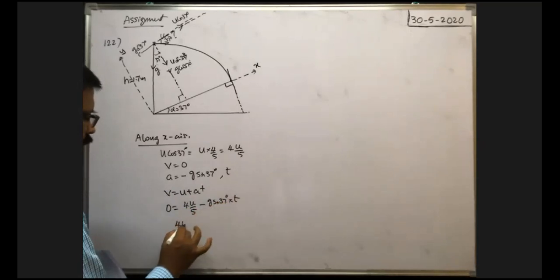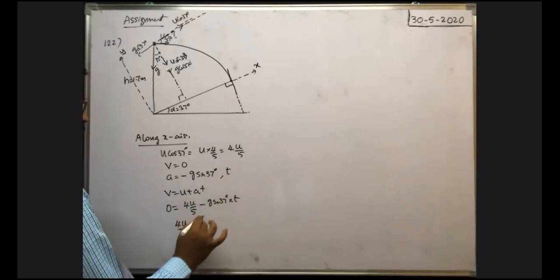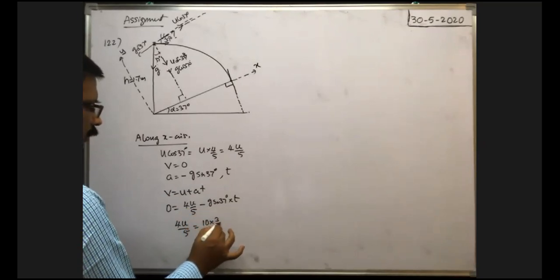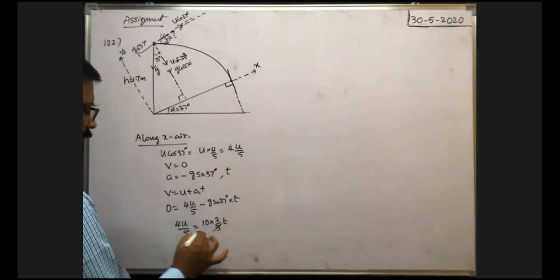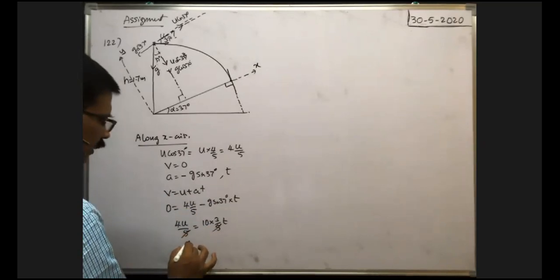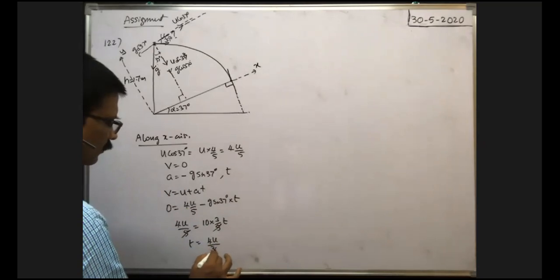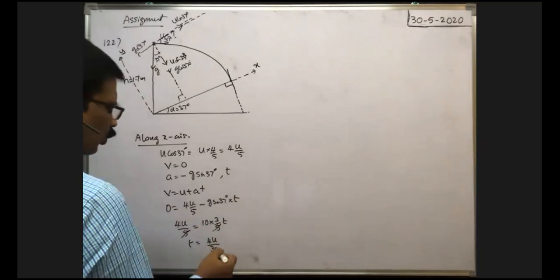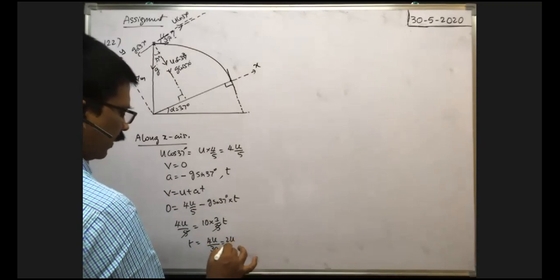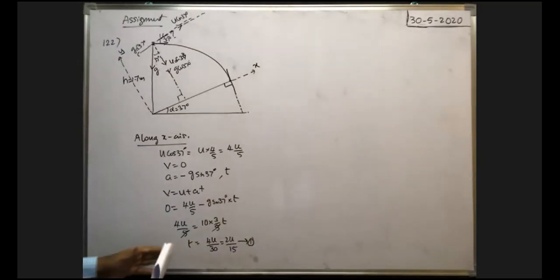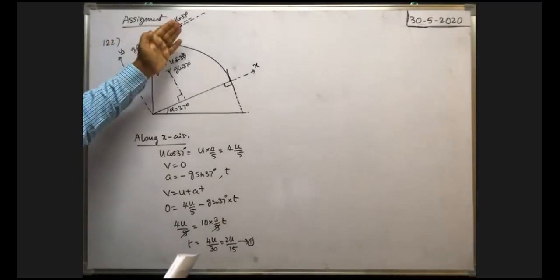Therefore 4u by 5 equals g, that is 10, into sin 37, that is 3 by 5, into t. The 5 cancels. Therefore t equals 4u by 30, or 2u by 15 we can write. This is equation 1. This is the time after it is projected.